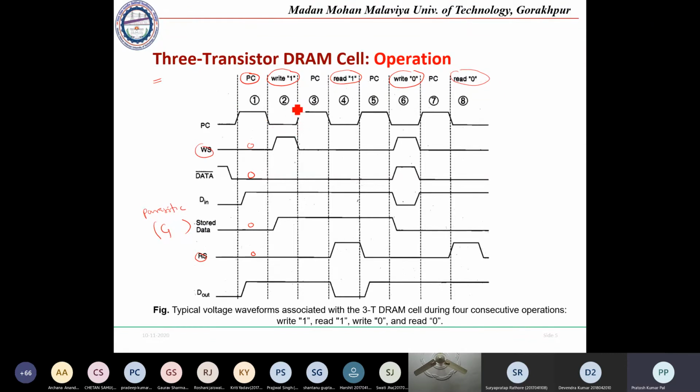So PC should be equal to 0, and we are going to write, which means write select will be activated. So write select will be 1, and read select at that time will be 0.